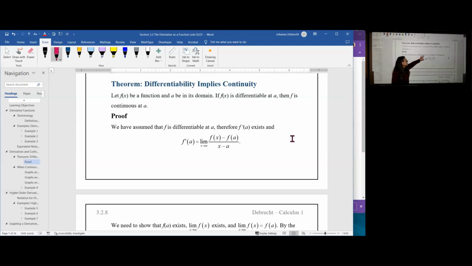We're going to assume that it is differentiable at a. Therefore, by definition of the derivative, f prime at a must be the limit as x approaches a of the difference quotient. And I chose, because I was finding it at a point, to use the f of x minus f of a divided by x minus a form.